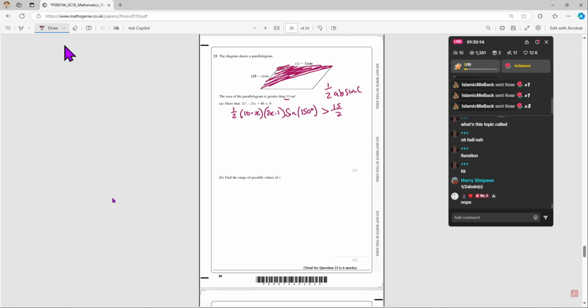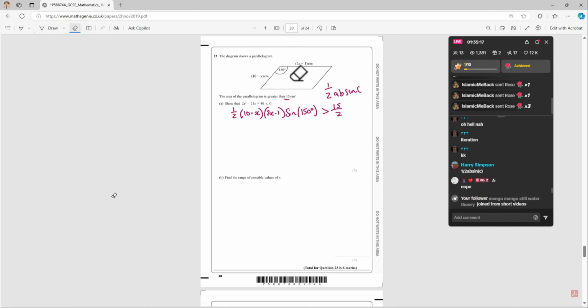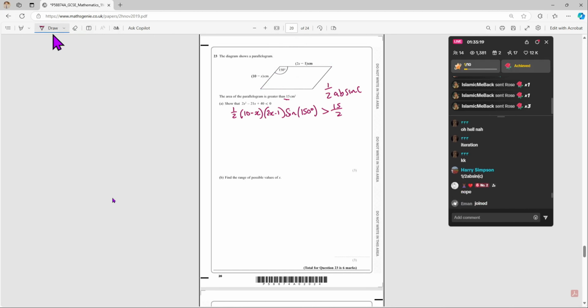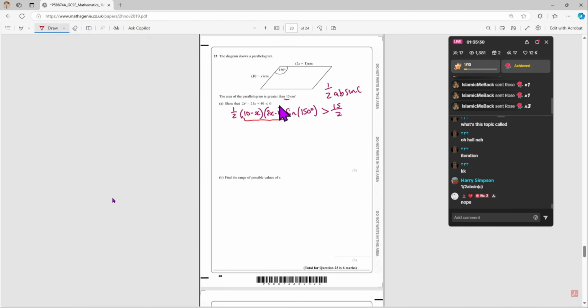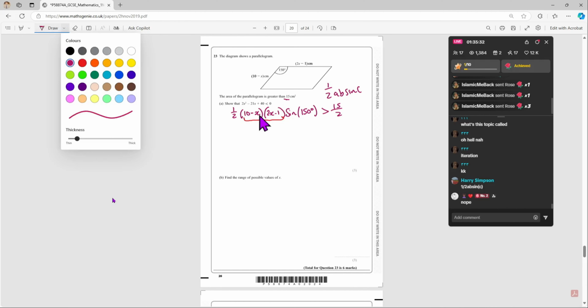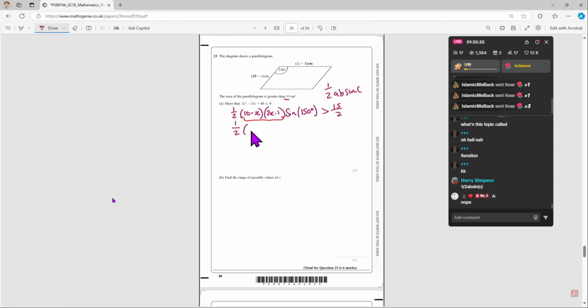So that means it's going to be half of 15. Then we're going to expand our brackets over here. Very easy to expand that out. It's going to end up with half, then 20x minus 10 minus 2x squared plus x, then a half. Remember, sine 150 degrees is a half, which is greater than 15 over 2.